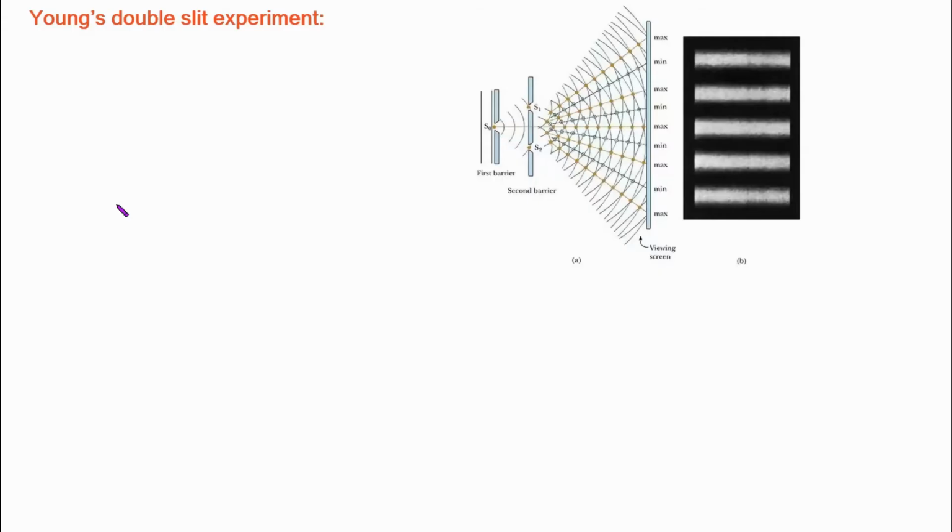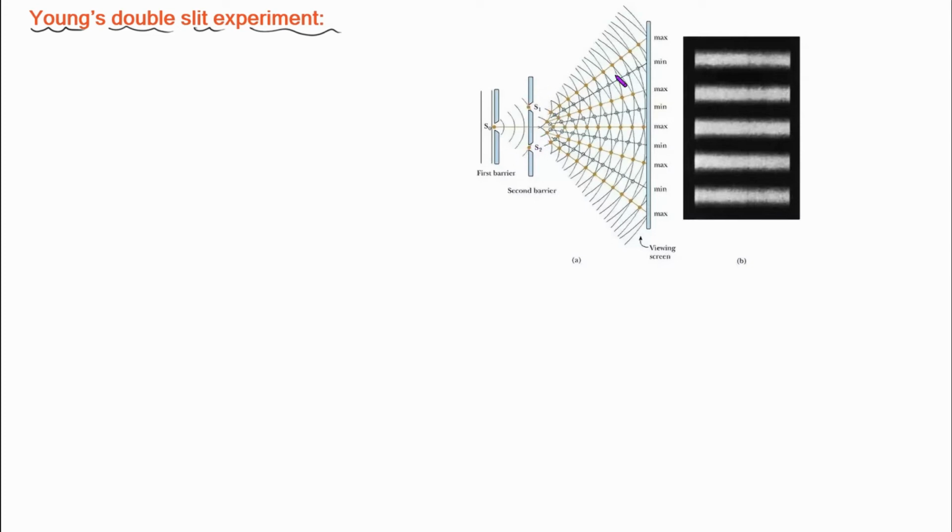Now let's discuss Young's double slit experiment in detail. Alright, so we already discussed what Young said about this experiment. Observe this picture, there is one source. To get waves with the same phase difference, two slits are placed in front.